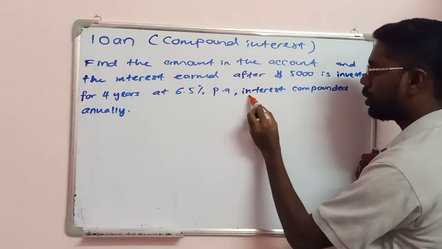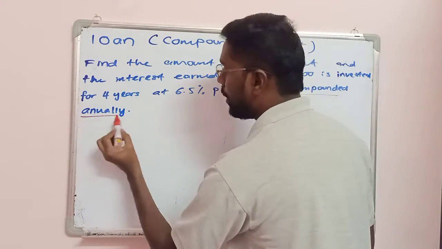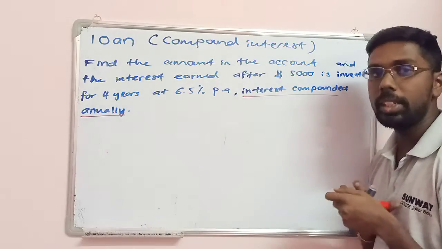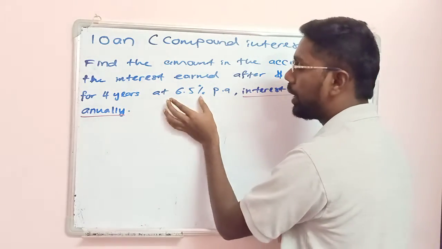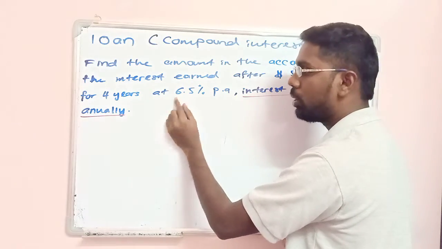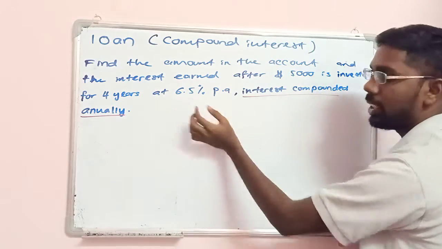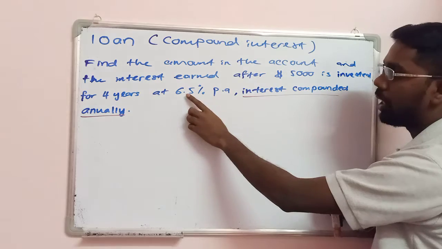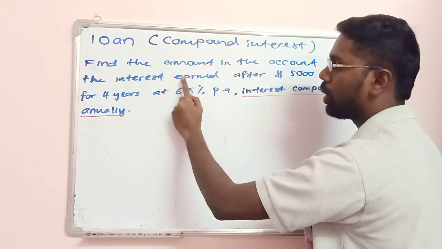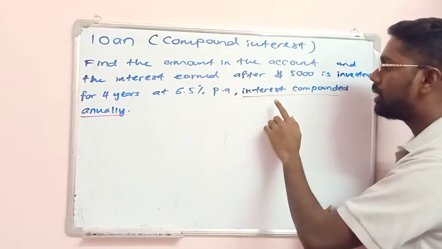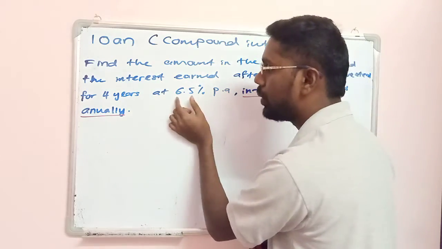This compounding period is very important, please take note. Since here they say compounded annually, we can use the interest as it is, because it is interest per annum. For 1 year they charge this particular rate.